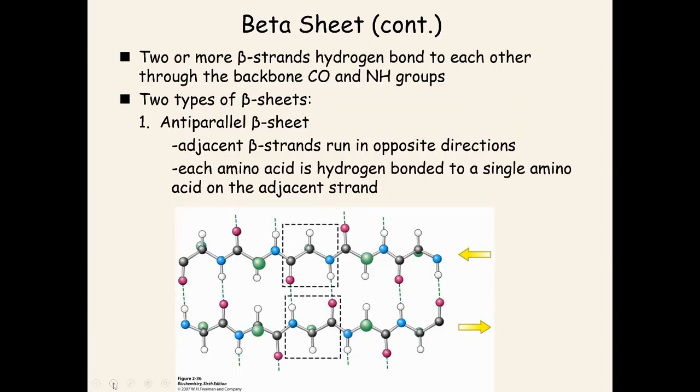Second important secondary structure, so we're still on secondary structure, are beta pleated sheets. They are two or more beta strands hydrogen bonded to each other through the backbone C double bond O and NH groups. So there are two types: anti-parallel beta sheets, and then parallel.